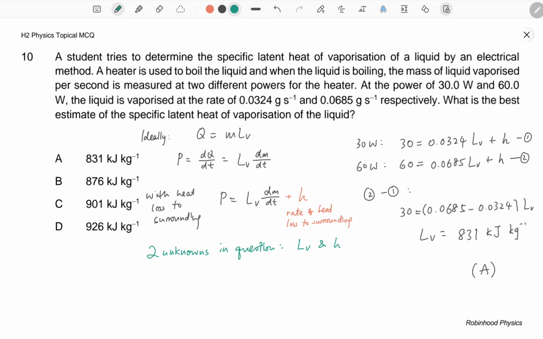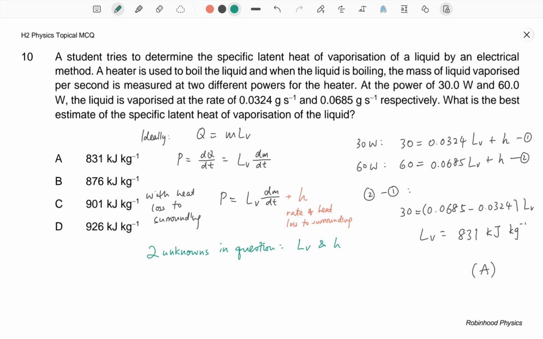So we can form two equations for the 30 watt case and the 60 watt case. We are assuming that at the boiling point where this experiment is taking place, the rate of heat loss to the surroundings for both 30 watt and 60 watt should be the same. Why? Because the rate of heat loss depends on the object's temperature and the surrounding temperature.